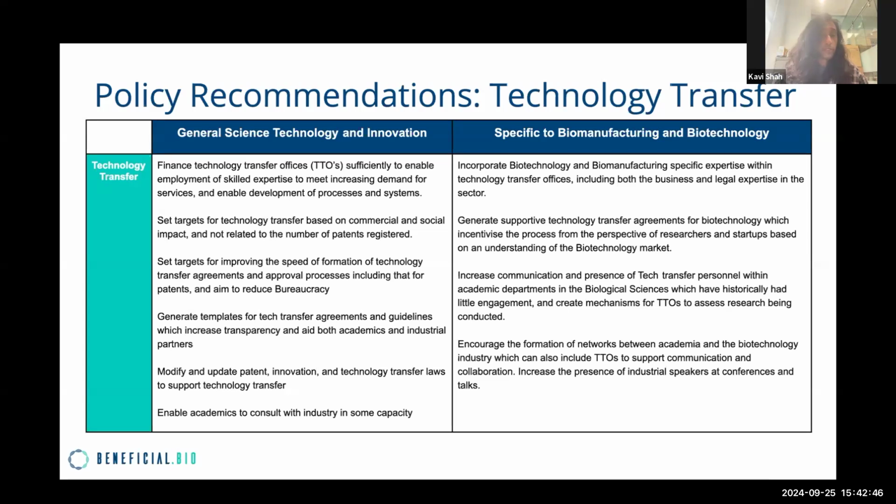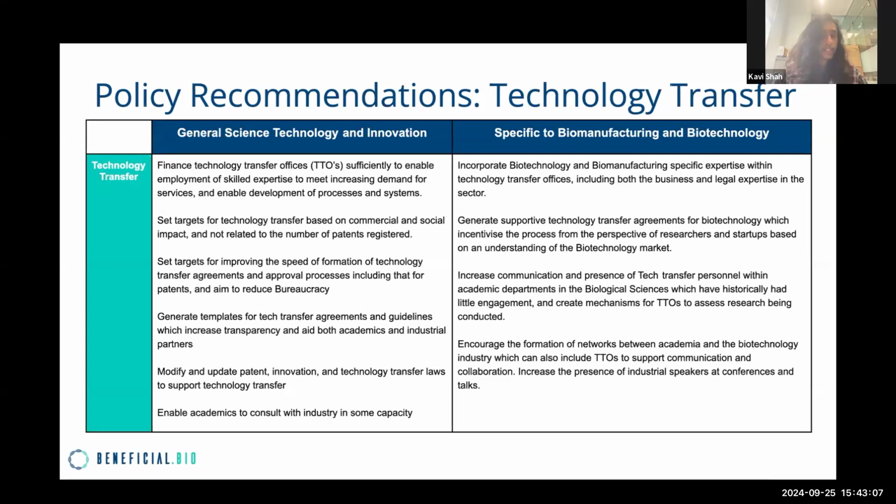Also, improve targets for the speed of formation of agreements, and that was seen as a big hamper for having international and local partnerships. For example, having templated agreements and guidelines to increase transparency would also support this.